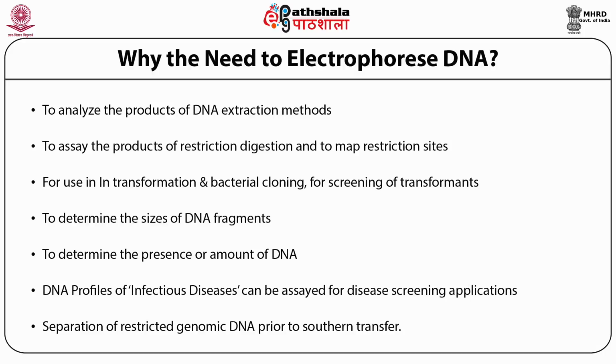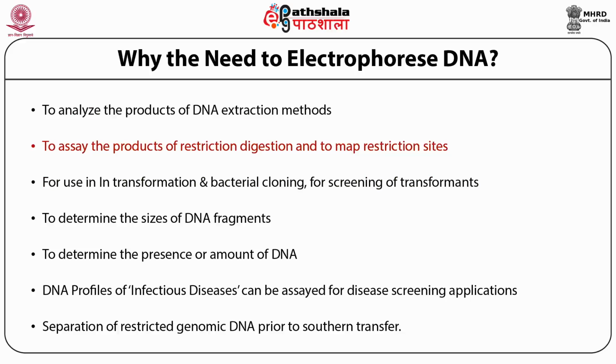Applications of agarose gel electrophoresis. Agarose gel electrophoresis can be used for separation of DNA fragments for extraction and purification. It is used in transformation and bacterial cloning, where we screen for transformants. We also use it for assaying products of DNA extraction from either an animal source, plant, plasmid, or a bacterial source.